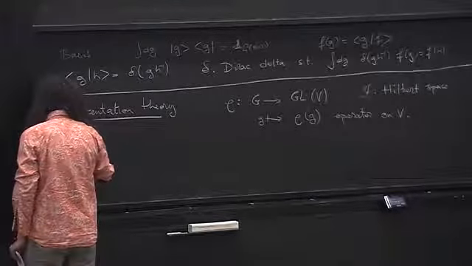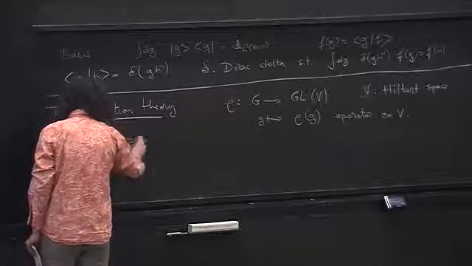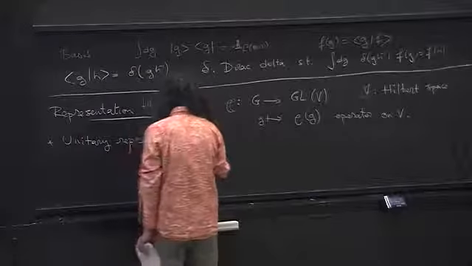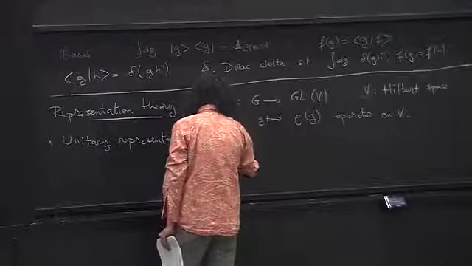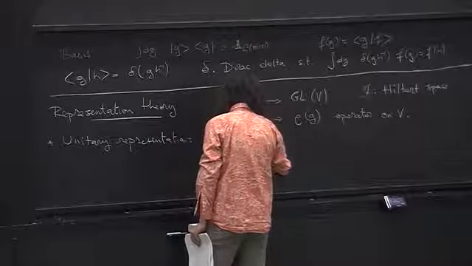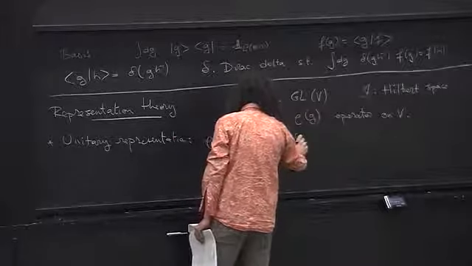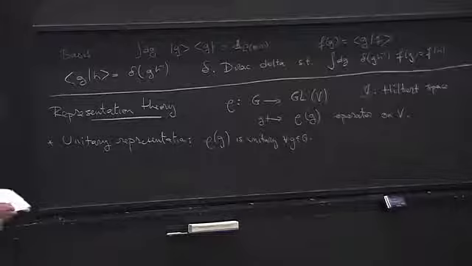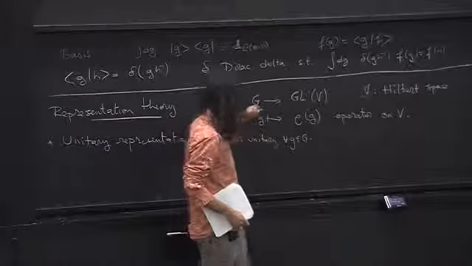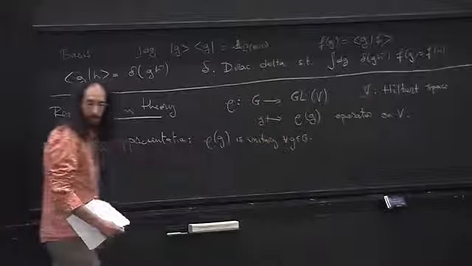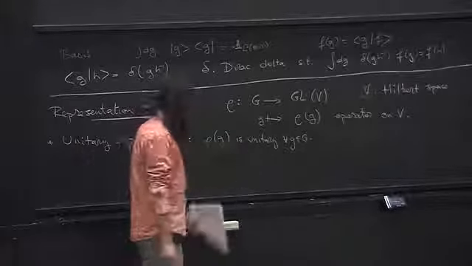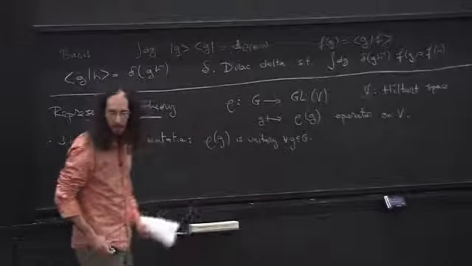A unitary representation is a representation such that rho of G is unitary for all G. That would be a map from G to the unitary group on V. Obviously, if I give you a group and you try to find all the representations, there are infinitely many, so it's a mess.